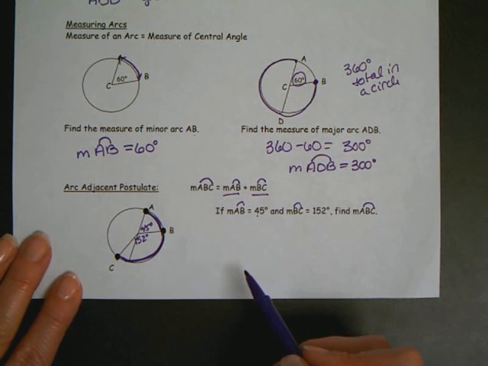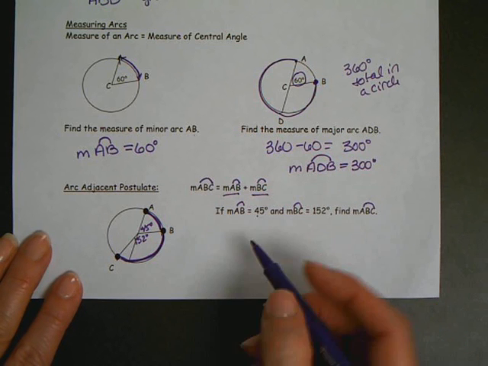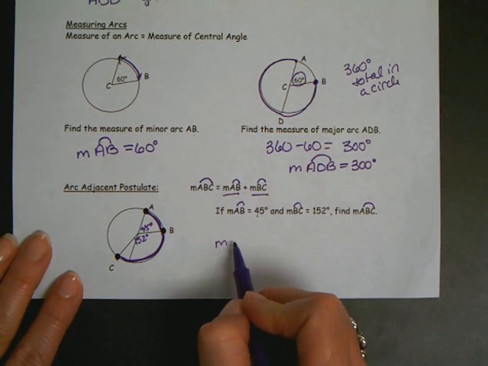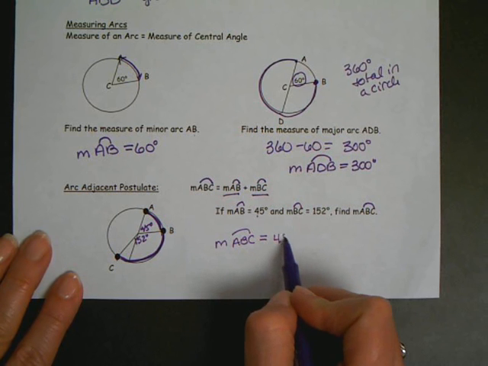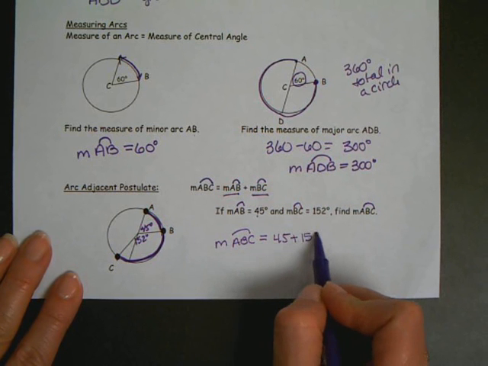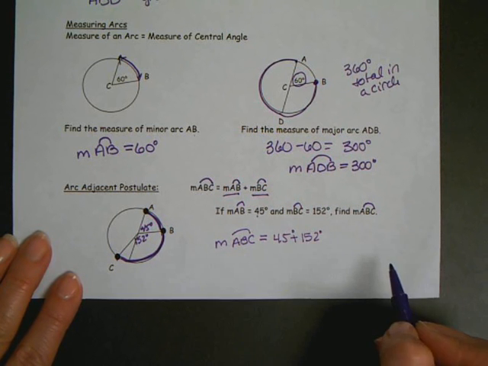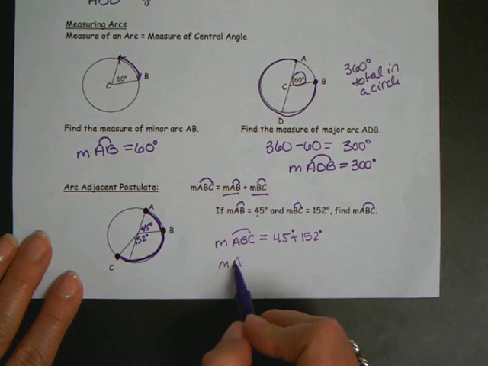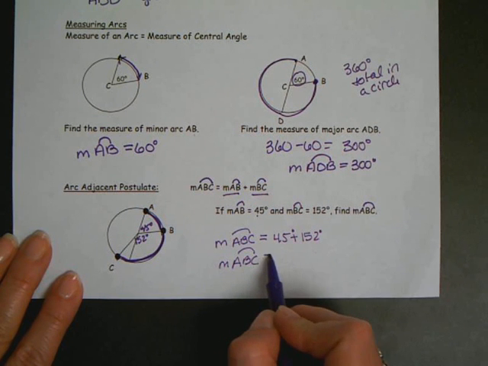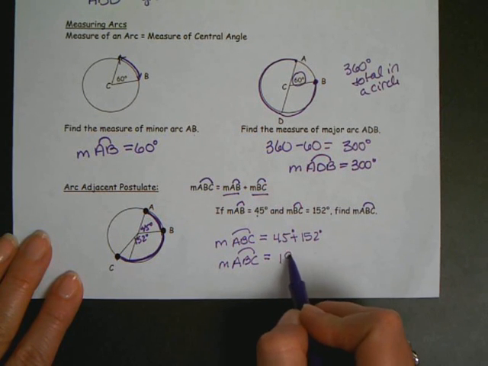It's that simple. So the measure of arc ABC is equal to 45 plus 152 degrees, which is 197 degrees. Ta-da! That is it.